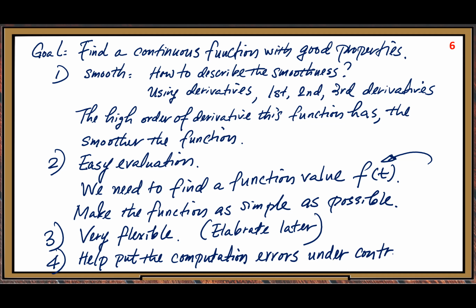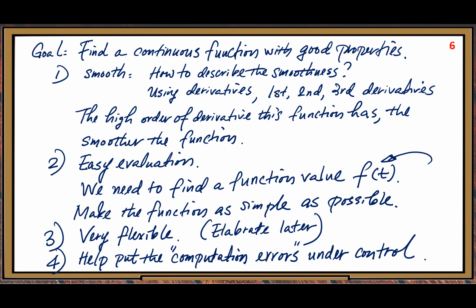What's that? Computation errors. Later I will also elaborate, but here let me explain a little bit. When we do computation, we always use computers, and we write programs. How does a computer represent a number?